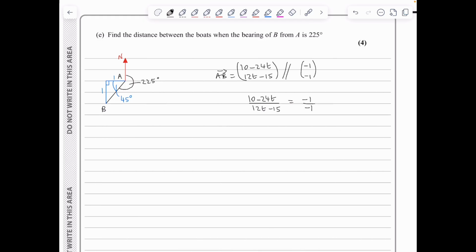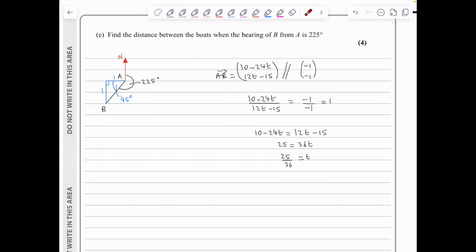Obviously, the right hand side is simply 1, so if I cross multiply, we're looking at 10 − 24t being equal to 12t − 15, which leads to 25 being equal to 36t, and therefore 25/36 is the value of t, at which point the bearing of B from A is 225 degrees.